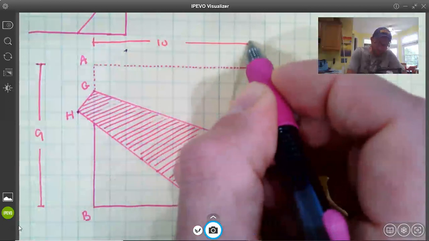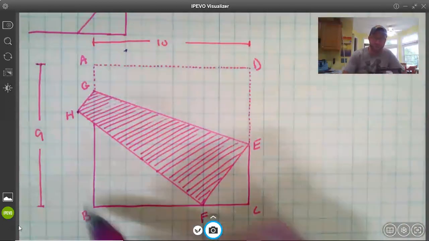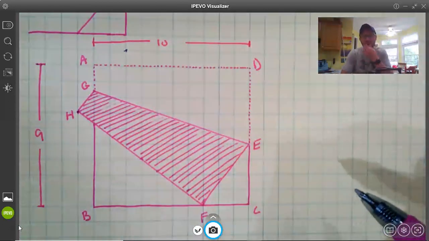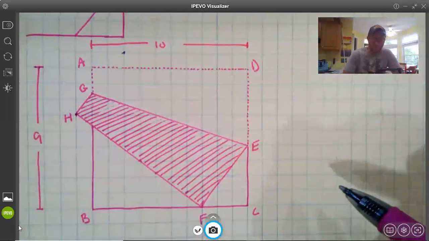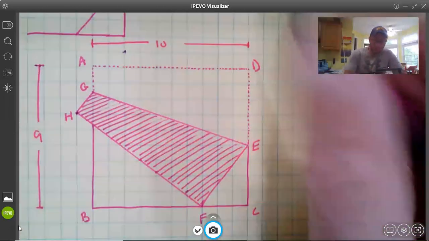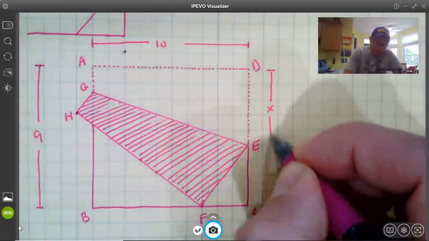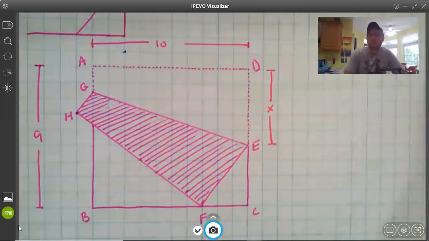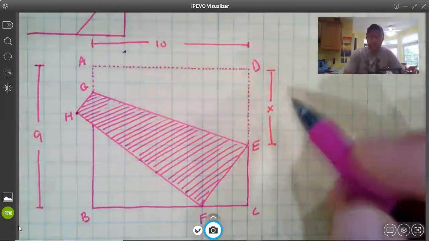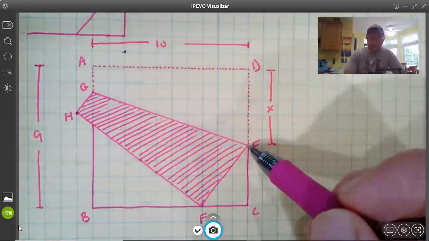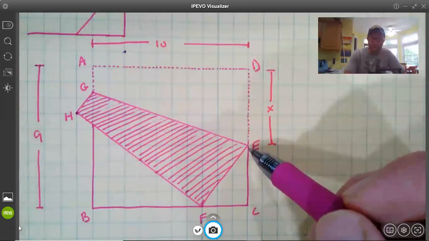These are just spaces on this grid. I could actually cut this little rectangle out, and that would be my sheet of paper. And we're going to say that the distance from D to E, we're going to call that X. That's going to be our input variable. It's basically where I choose to fold the paper right here.